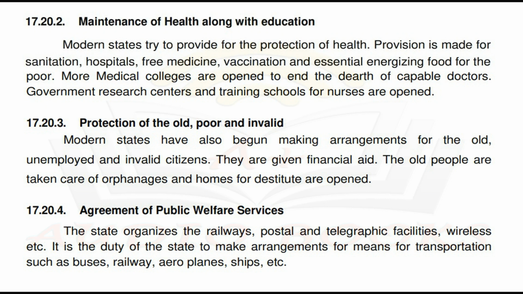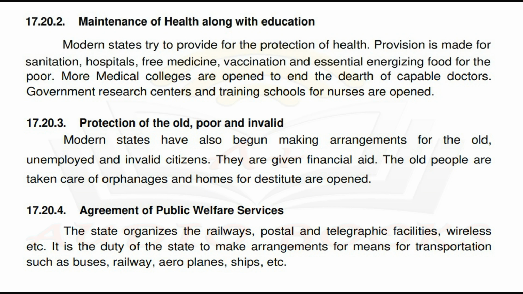Protection of the old, poor, and invalid. Modern states have also begun making arrangements for the old, unemployed, and invalid citizens. They are given financial aid. The old people are taken care of. Orphanages and homes for the destitute are opened.